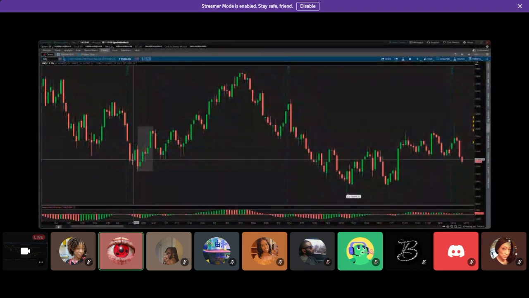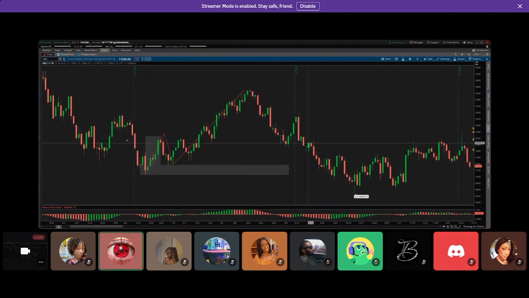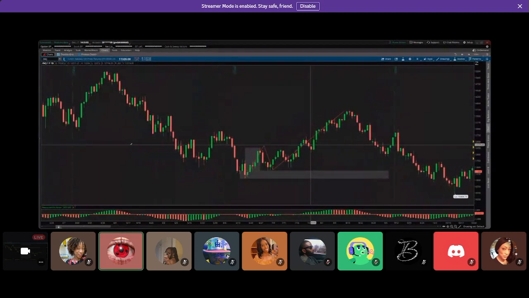This now becomes your confirmation, because basically you have the same move twice. You have this coming out, so creation here, confirmation here, continuation, right? Now once you start the continuation, don't lose sight of where you're supposed to be going, the fresh supply zone that's within here.